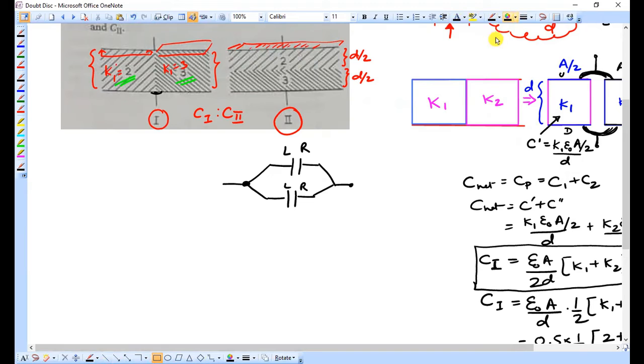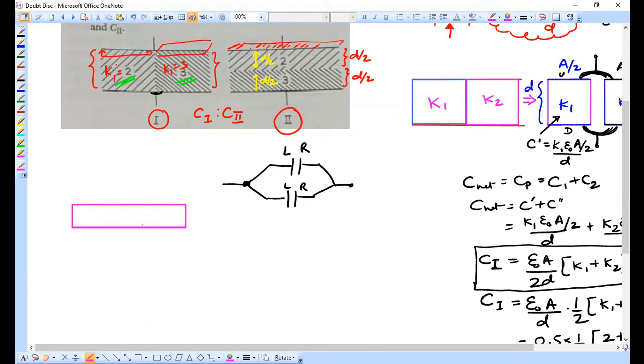So in this particular orientation, where you find the dielectric occupying just half the distance between the two plates, what capacitance are we going to obtain for the second orientation? Let's do that problem. So the question says the dielectric now occupies just half the area.